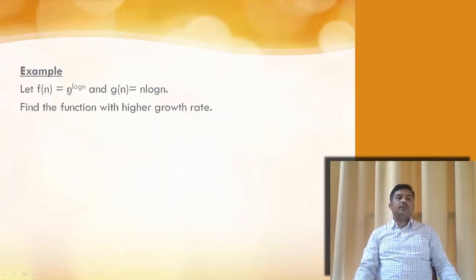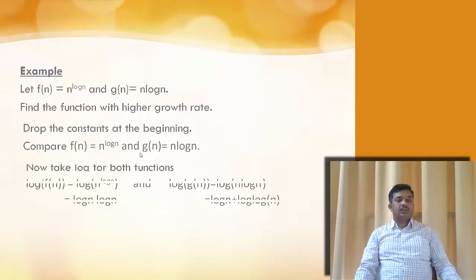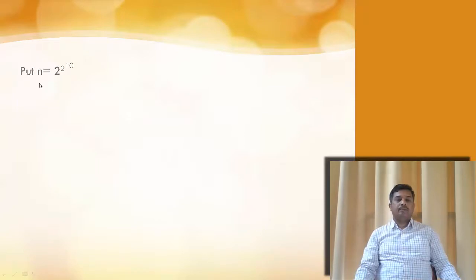Let us do one more problem. fn equal to n to the power log n and gn equal to n log n. Now we want to compare this. So first we need to drop the constant. We have done it. Now take log both sides. So log fn becomes log n into log n and log gn becomes log n plus log n.